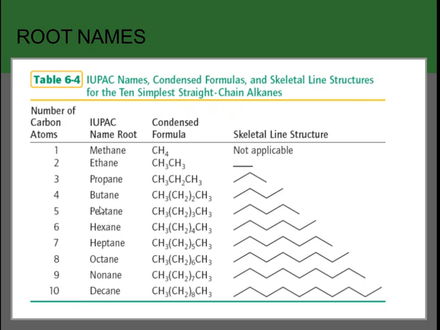They all have a prefix, the first part of the name, indicating the number of carbons. 1, 2, 3, and 4 are not as logical, but then we get to pent, hex, hept, oct, non, and dec. Those all indicate 5, 6, 7, 8, 9, and 10 carbons. Condensed formulas we've discussed. The skeletal line structure is simply an extension of the zigzag line, given an increase in the number of carbon atoms.